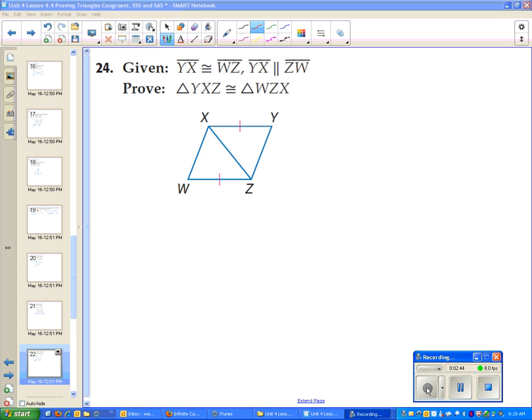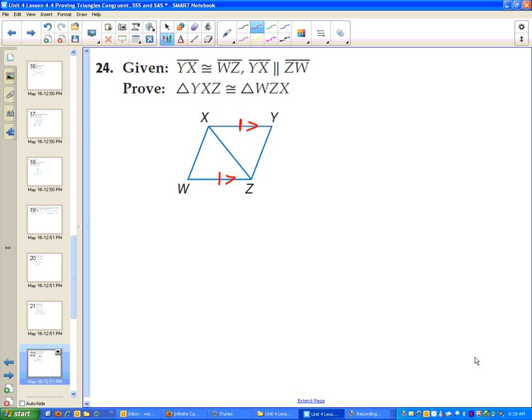So let's label that segment YX right there is congruent to segment WZ right there. Now what they didn't label for us is that segment YX here is parallel to segment ZW here. So those 2 segments are congruent to each other and they're parallel to each other. All right, well that's probably helpful.